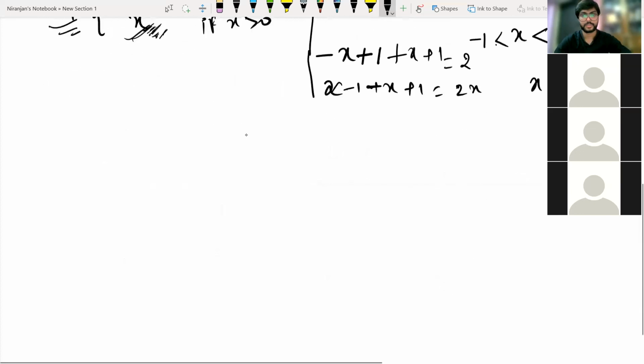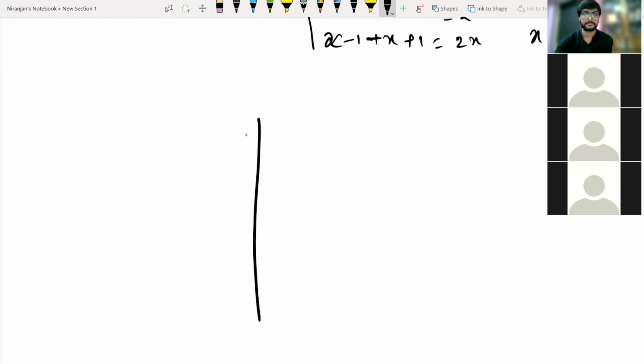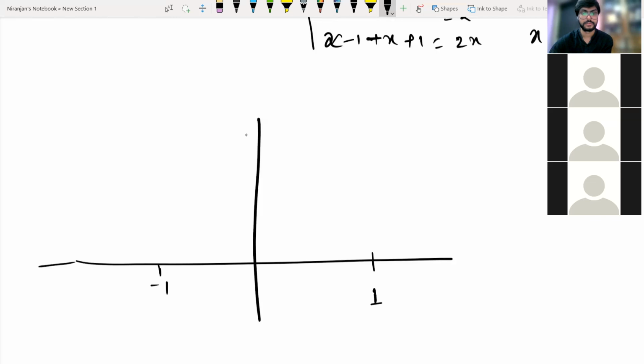So if you just draw the graph, right, -1, 1, and this is y equal to 2 line.